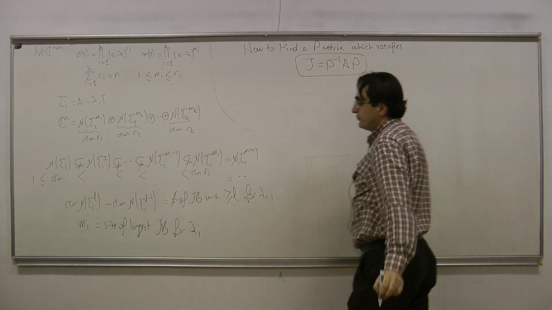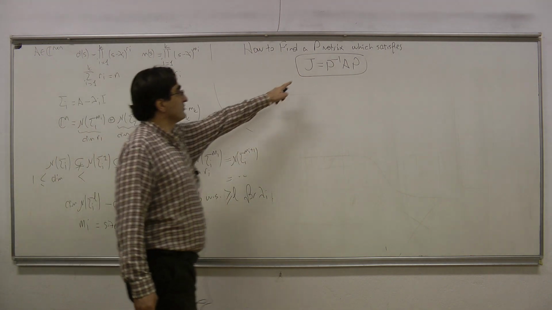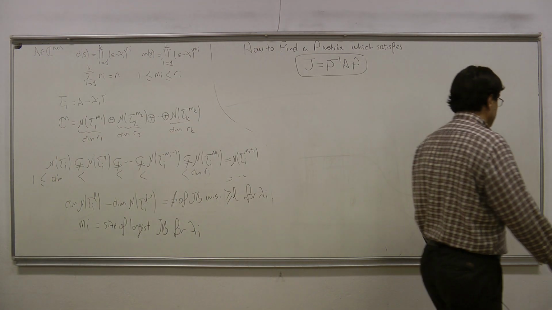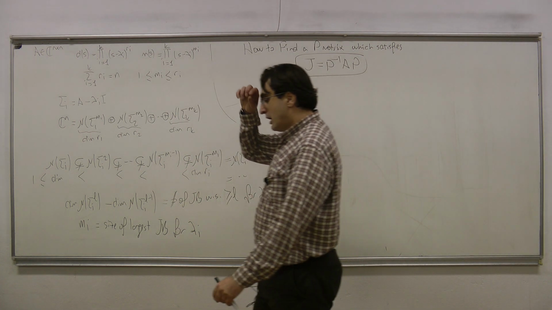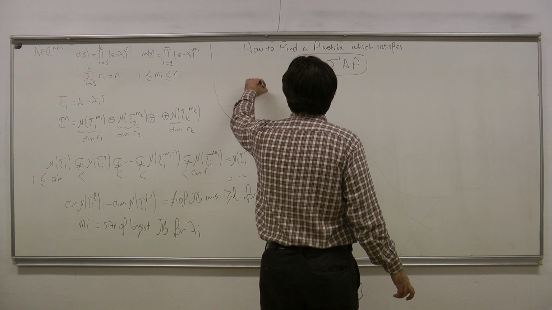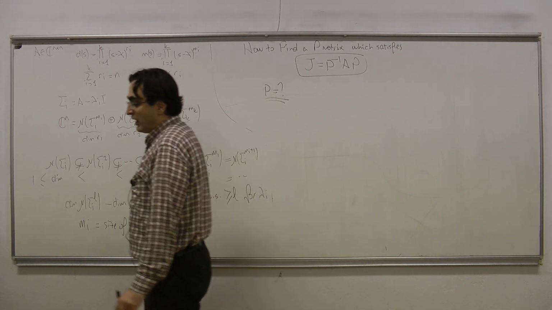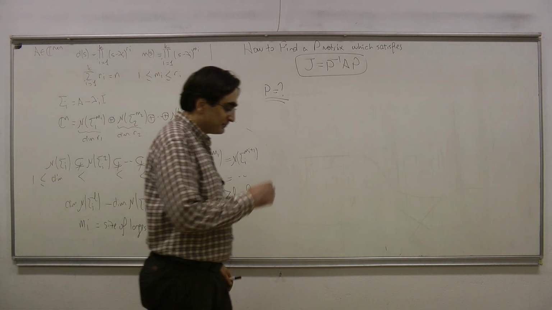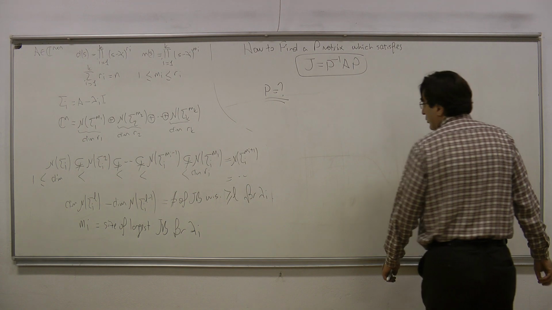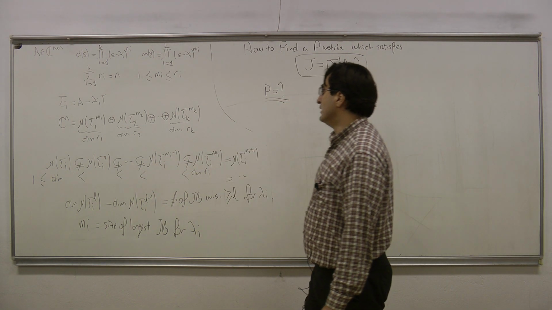We are looking for a P matrix that would give our simplified representation for the matrix A, which is equal to the Jordan canonical form. And now our task is to find how we can find such a P matrix. That is also going to come from the structures of these null spaces.